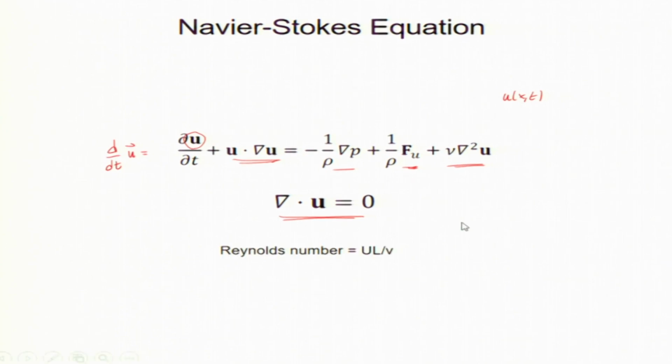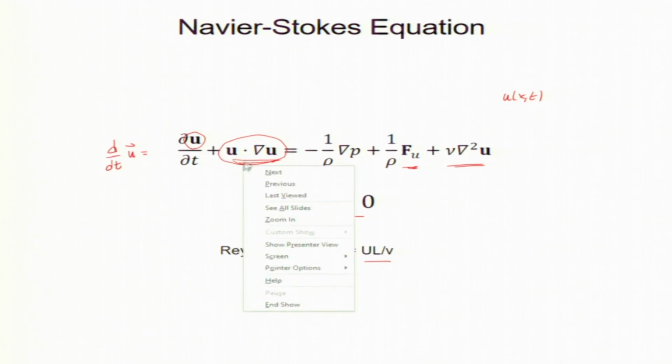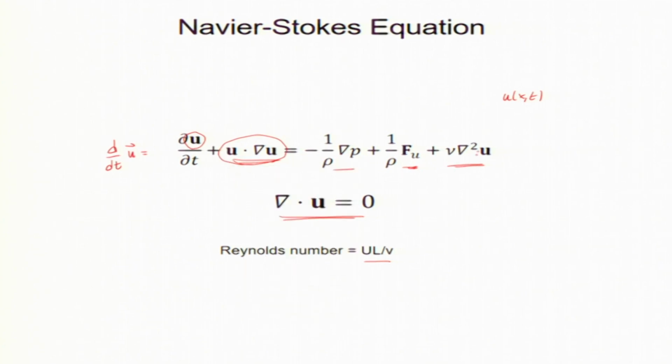So, there is a quantity which is very important called the Reynolds number, which is the ratio of the nonlinear term, this nonlinear term, right, which is quadratic in u, with the viscous term. So, it is in fact u dot grad u divided by nu grad square u, okay, and that happens to be uL by nu.